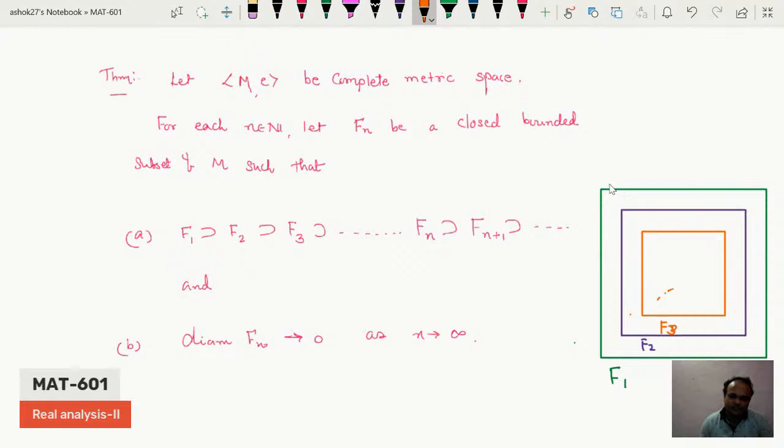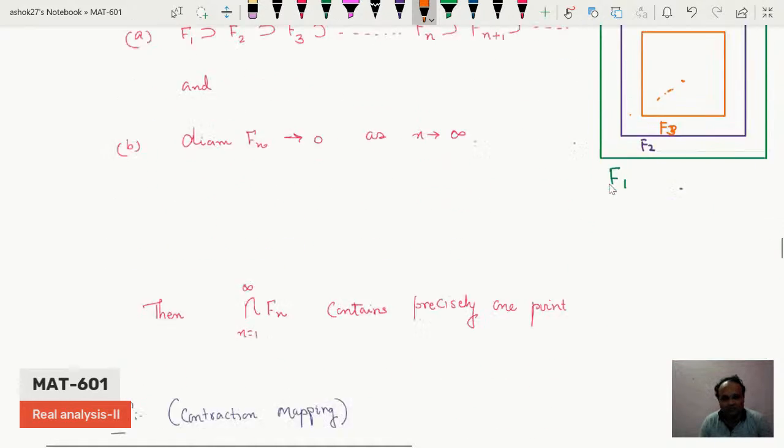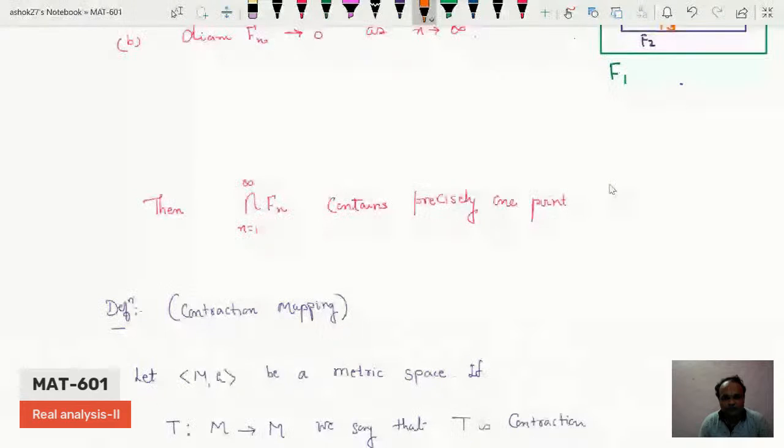As n approaches infinity, the set approaches a singleton, and this singleton will be in each closed bounded subset F1, F2, and so on. So precisely this intersection contains one point. This is the statement of this theorem.